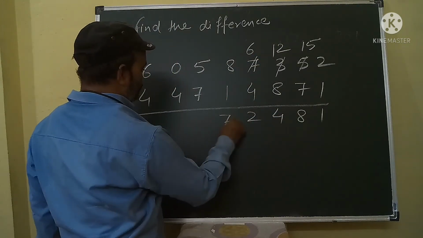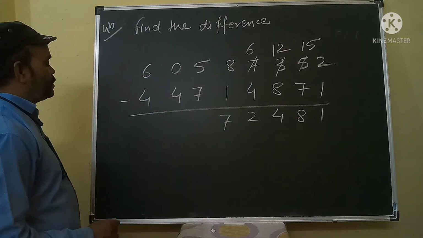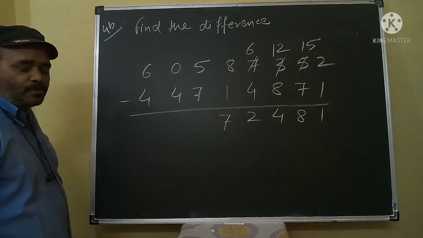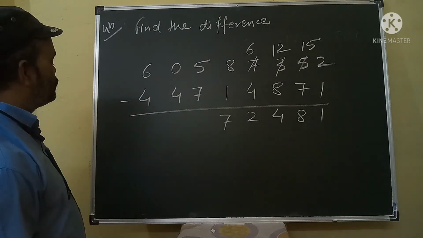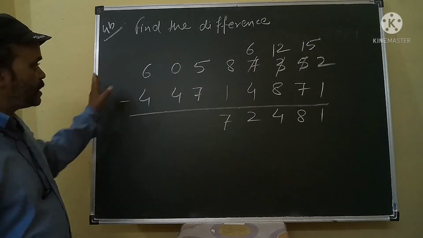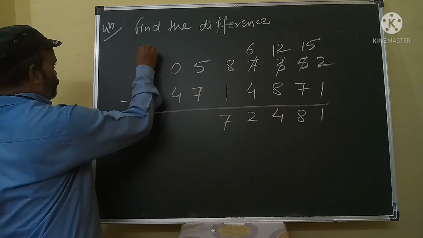8 minus 1, 7. This is 7. This is 5. We cannot subtract 7 from 5. So we take one number borrow from 0. But 0 would not give any one number. So what will you do? We will go to the next number. The next number is 6. We take one number borrow from 6.